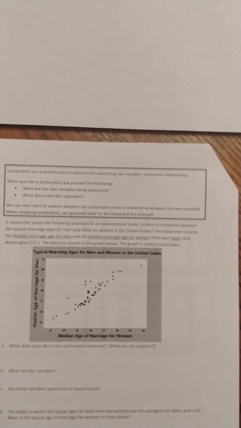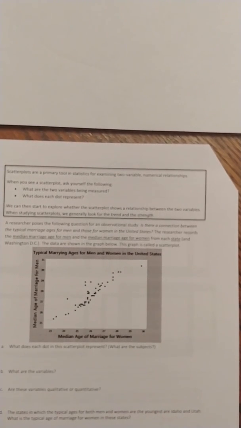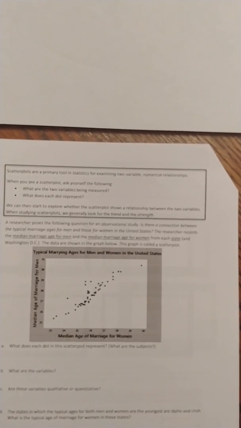So again, a scatter plot shows each survey or each person, and in this case, we're talking about each state. So each state has its own dot. So we should see 51 dots, right, for the 50 states and Washington, D.C. So let's see what each answer will be.